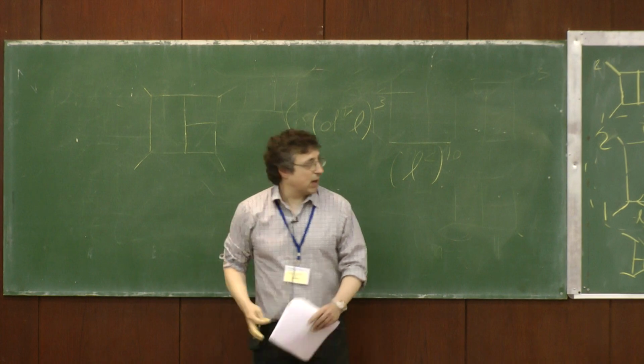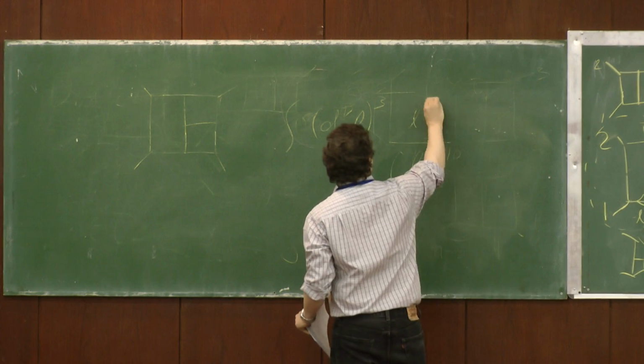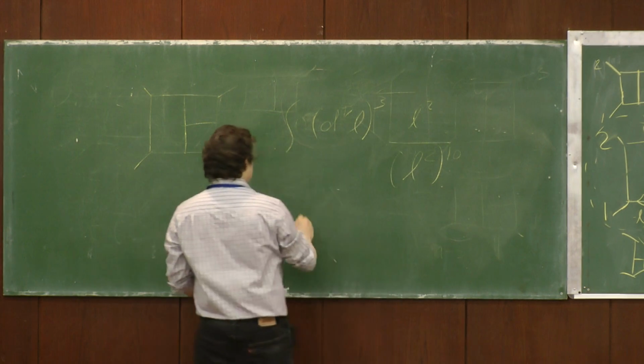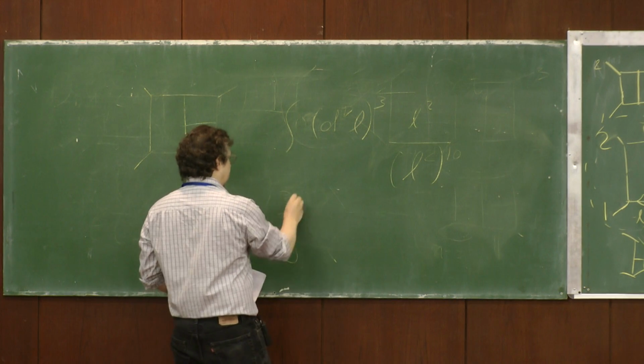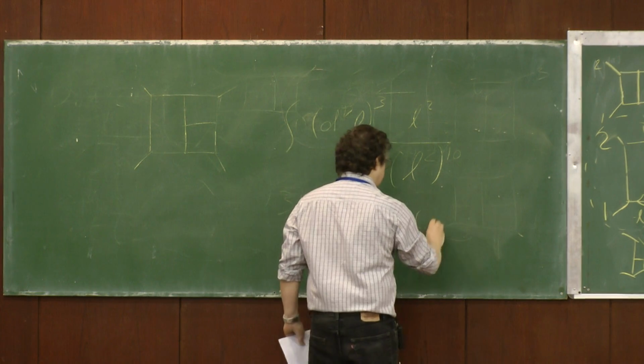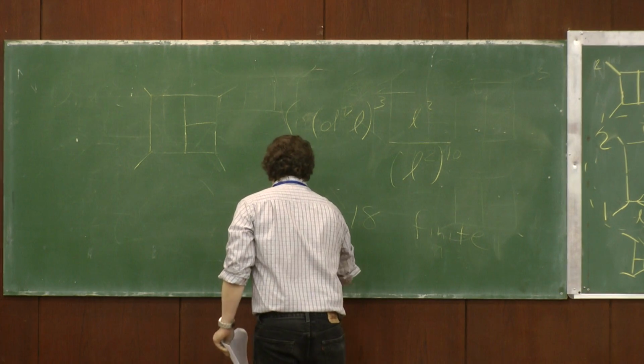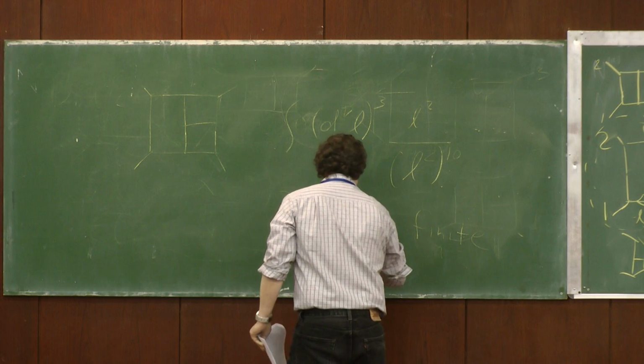Upstairs in this diagram, as we just said, I have to square it, so I have 2 powers of loop momentum. So there's an l squared up here. Okay, I do the little bit of arithmetic. I get that 3D is less than 18, which makes this integral finite. So therefore, in D less than 6, it's finite.